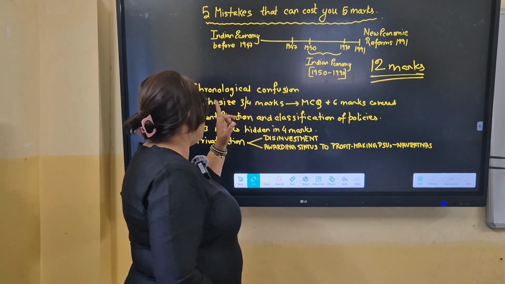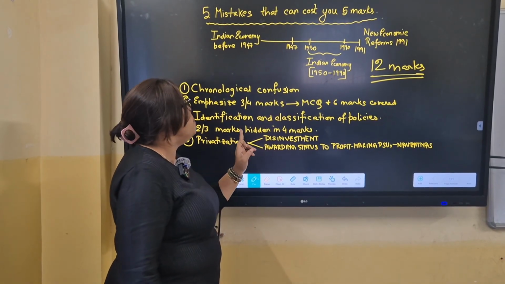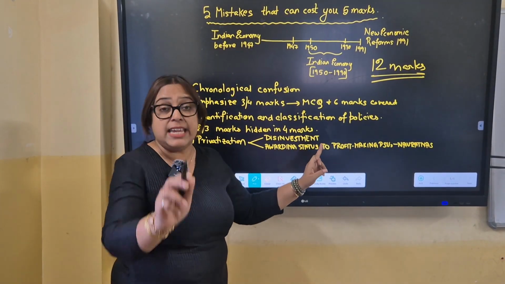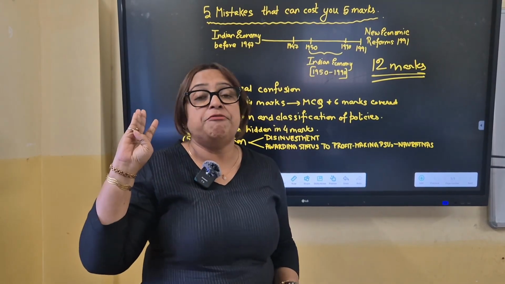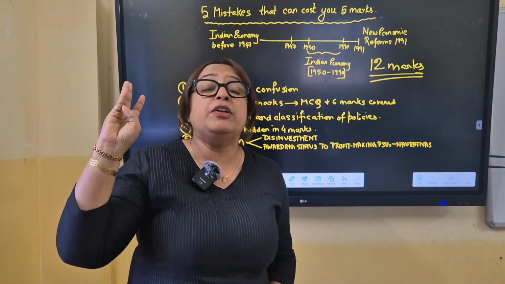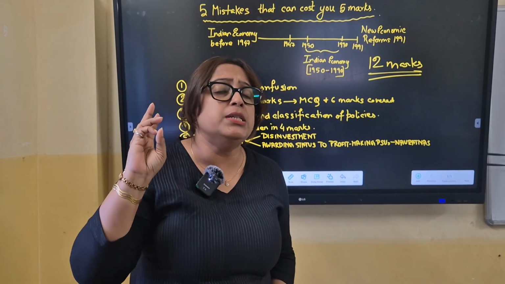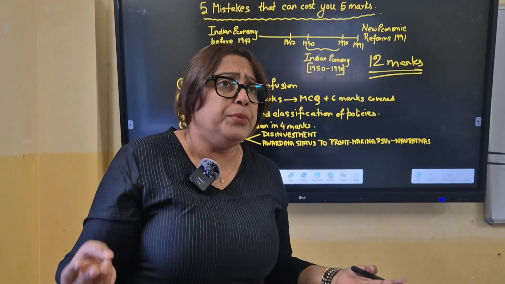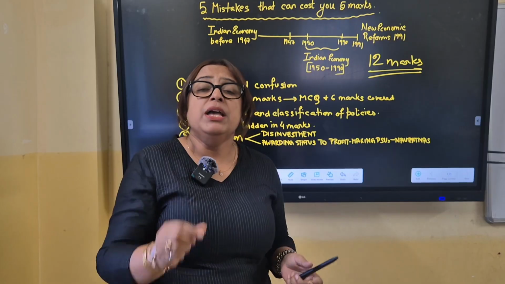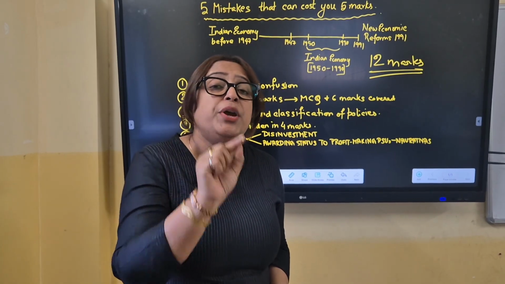So the next problem that we often face is 2 to 3 marks hidden in 4 marks. Yes, children, whether it is financial sector reform, industrial sector reform, tax reform, or foreign exchange rate reform, all these come under 3 to 4 marks.